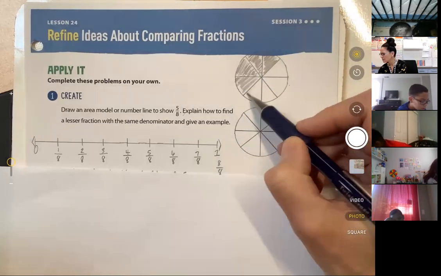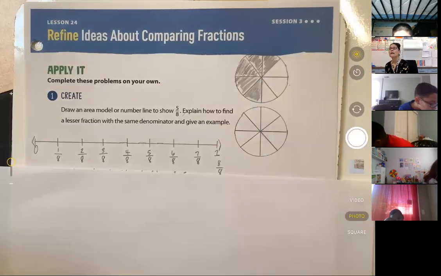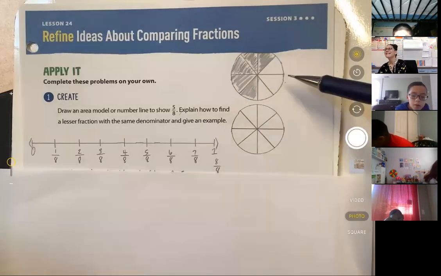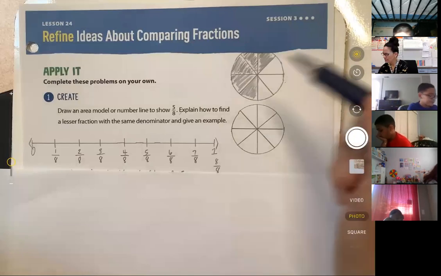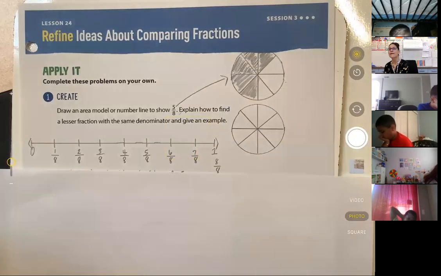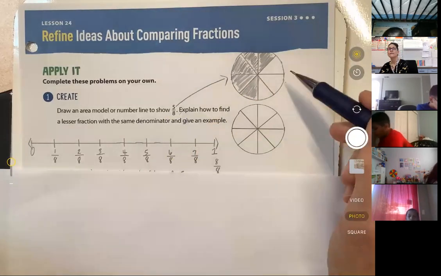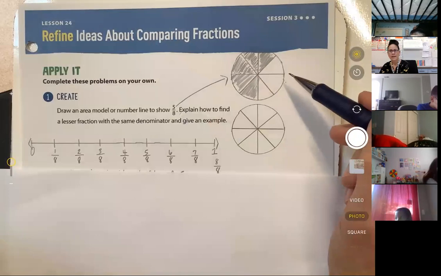And then here's this one. So this pizza up here, this is our model for 5/8. That's our 5/8 model. And so what we want to do is we want to find a fraction that's less than 5/8.